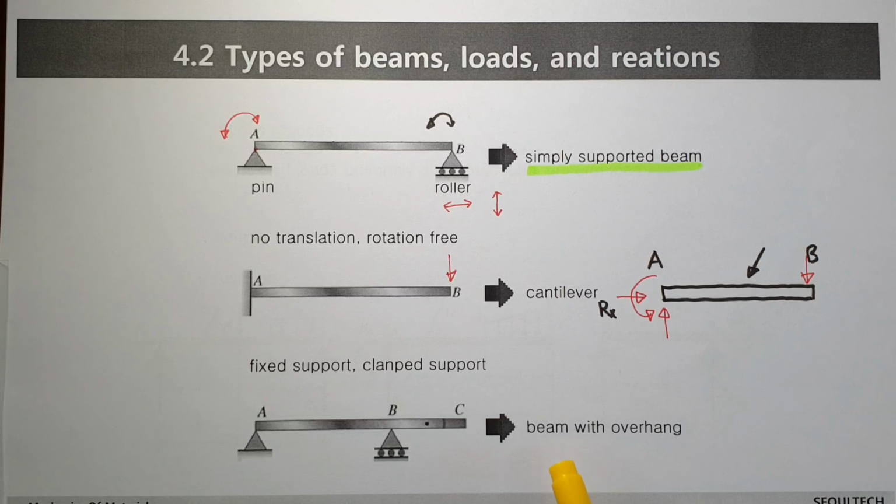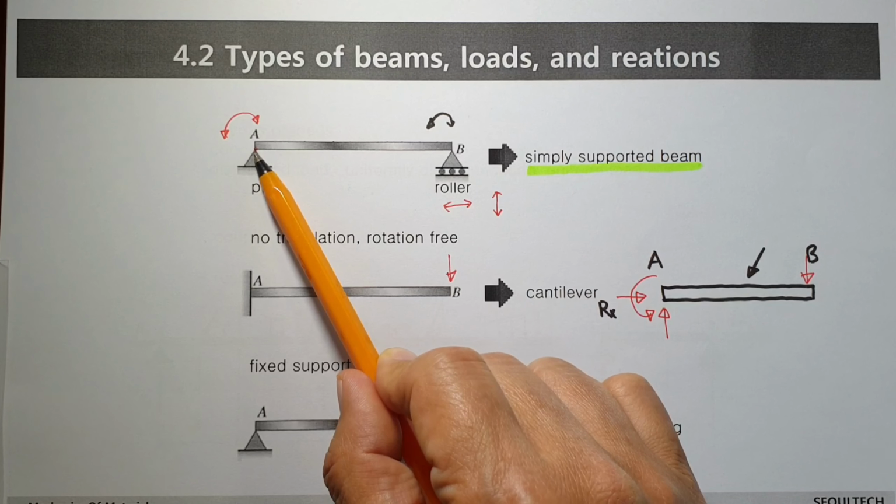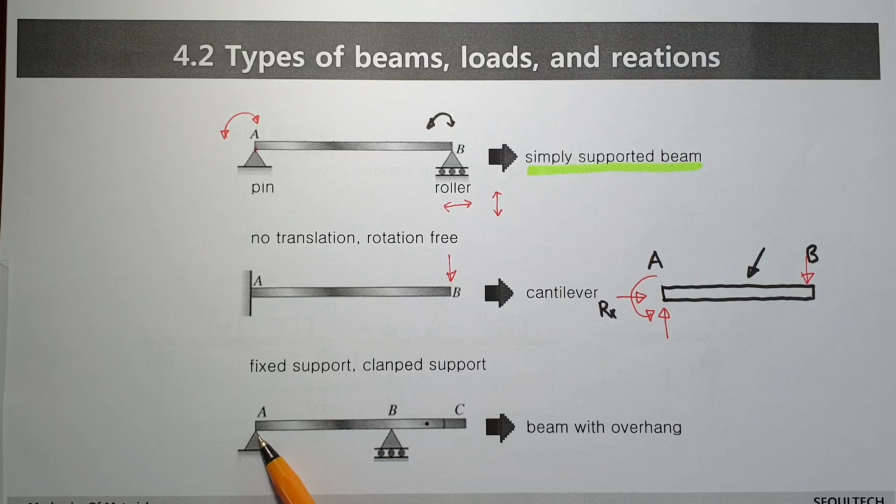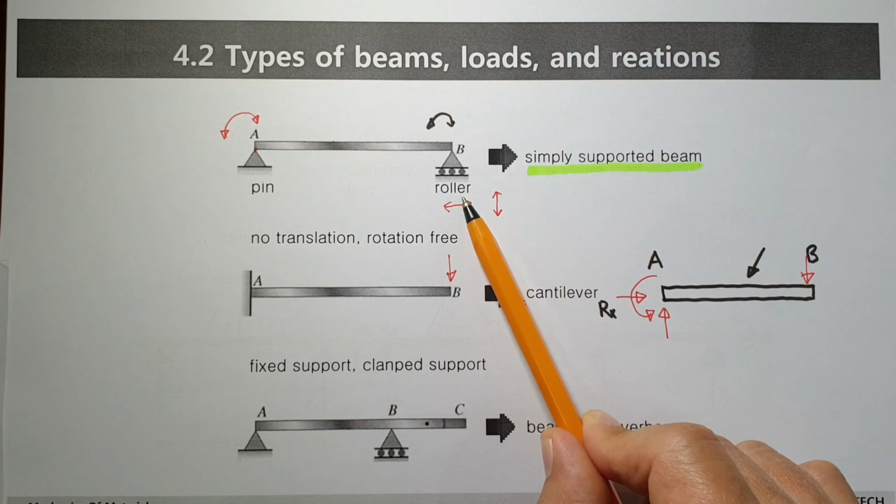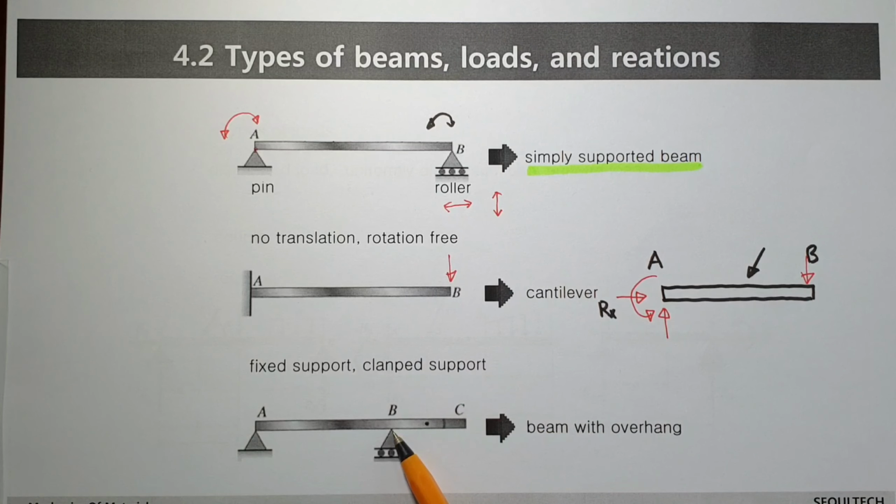Okay, next one. In this case, a beam with overhang. The overhang is from B to C. On the left side, pin joint, pin condition. Rotation is free, and movement at point A is not free. And at point B, a roller, same as this one.